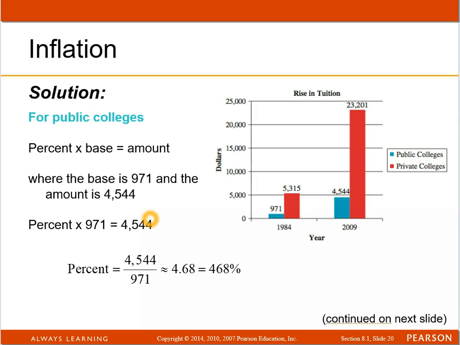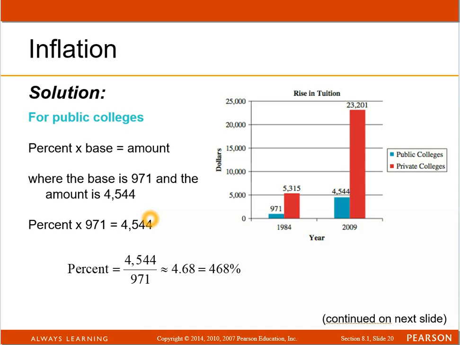Okay, so we're going to start with blue for public colleges. All right, the percent times the base would equal the amount. The base was in 1984, it was at 971. But when you go over to 2009, the new amount is 4,554. We want to know the percent change. So you're going to take the 4,000 number and divide it by the 900 number, and it comes out to be approximately 4.68.